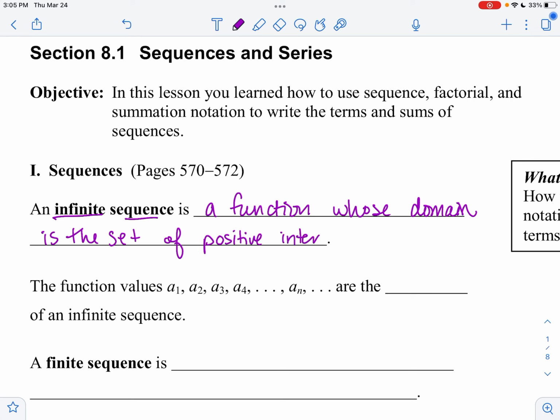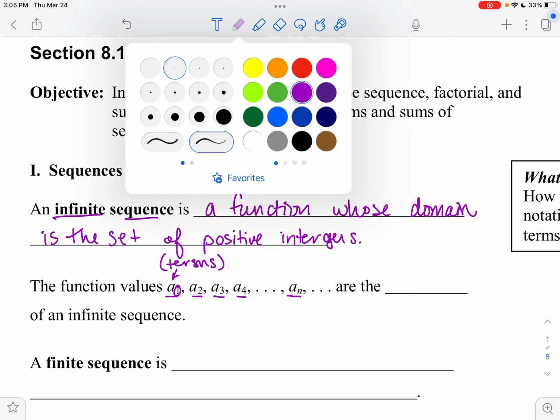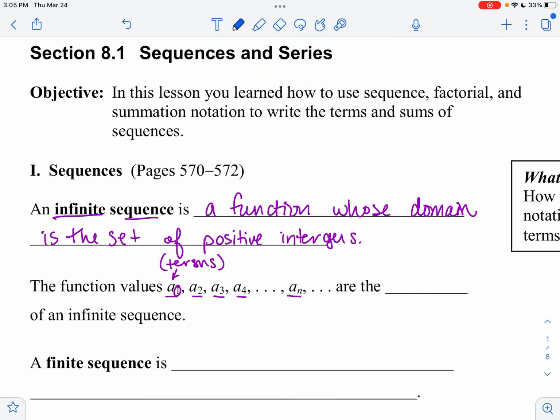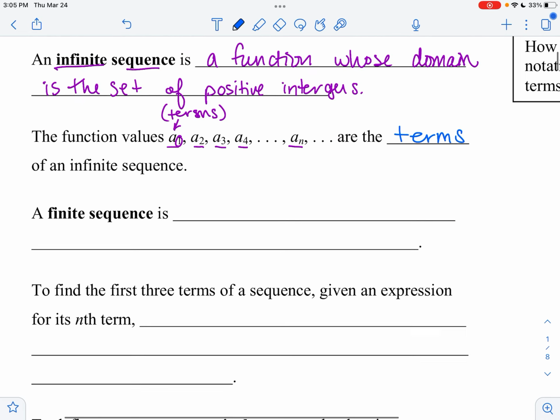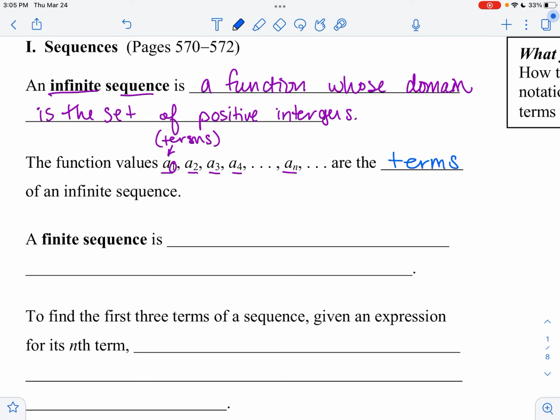Remember, integers are pretty much whole numbers when you're only talking about positives. And a function values a1, a2, a3, a4, a sub n. These are just terms. We'll talk more about that in just a second, but those are the terms of an infinite sequence. We'll talk more about how to identify which is what term.